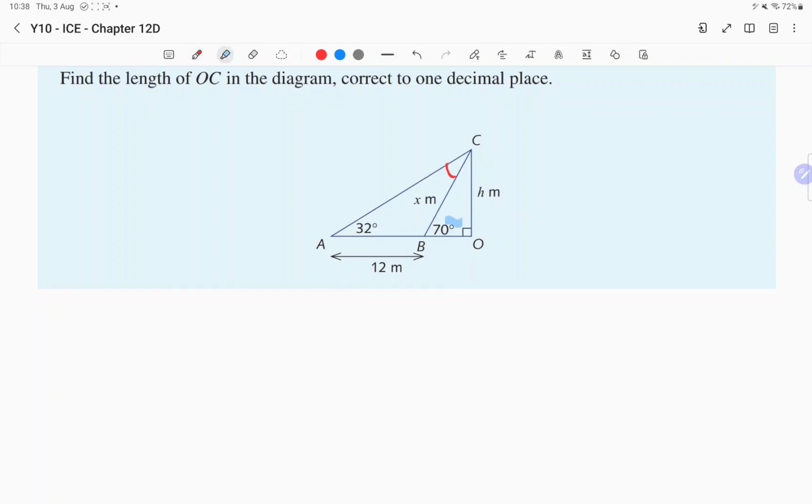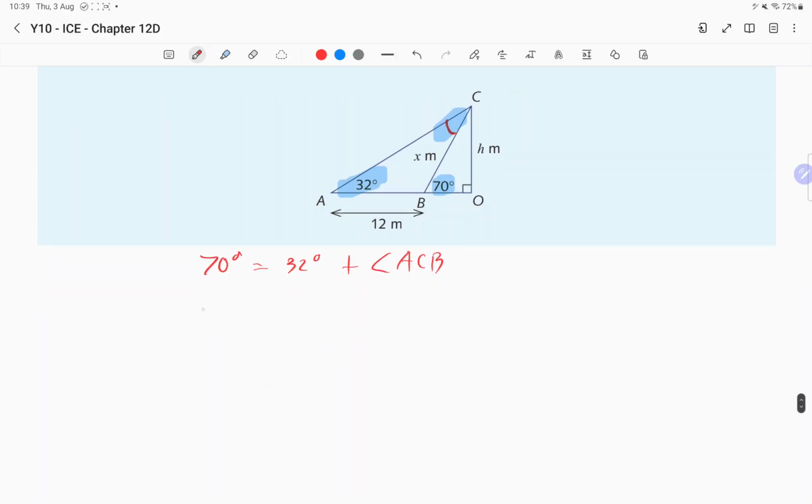We can use the exterior angle theorem. So the exterior angle will be equal to the sum of the two interior angles. So you get 70 degrees is 32 degrees plus angle ACB. Subtract that over, and 38 degrees is equal to the angle ACB.